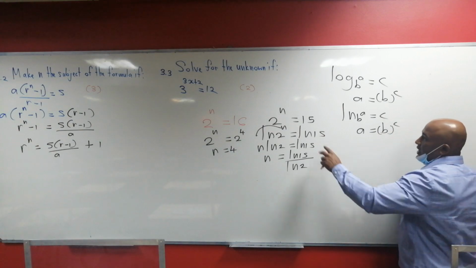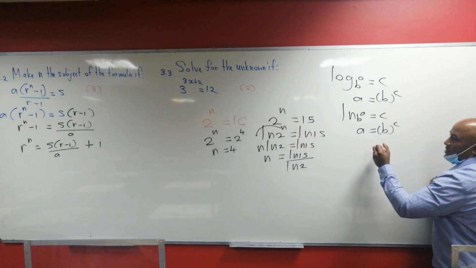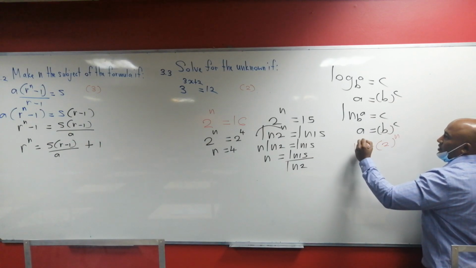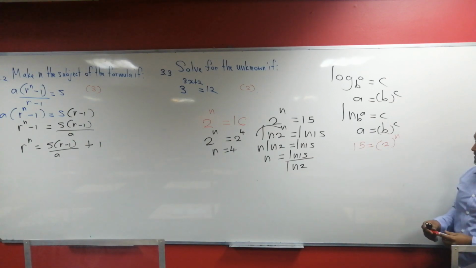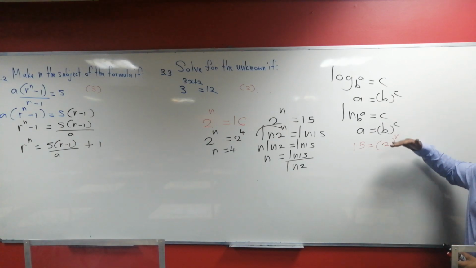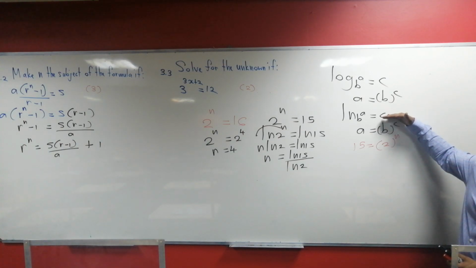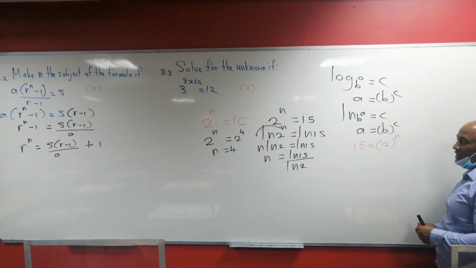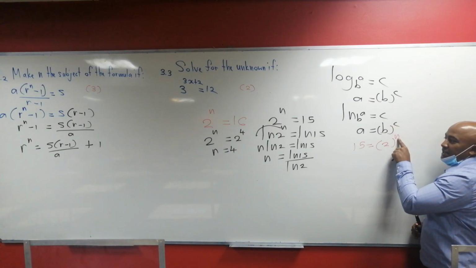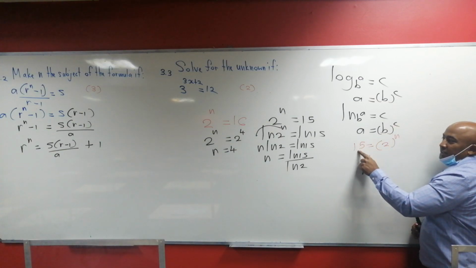So in this situation, here's my 2 to the power n is equal to 15. I can do this in one step, converting from exponential form to log form. If you compare, there's your b, which is 2, c, which is n, and a, which is 15.